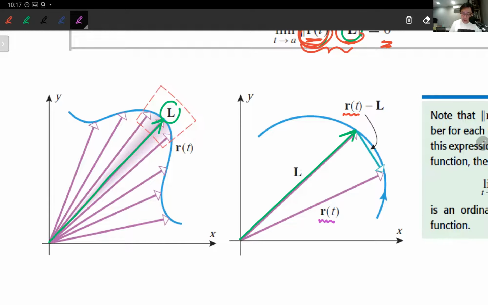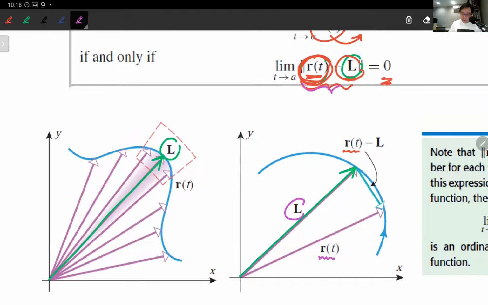You're trying to get closer to the limit vector L by looking at the difference between the two.